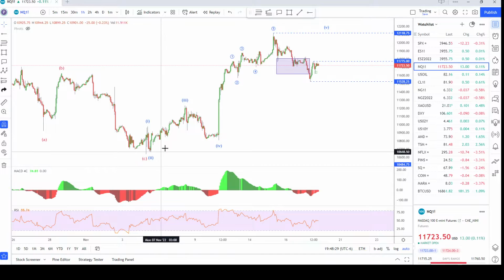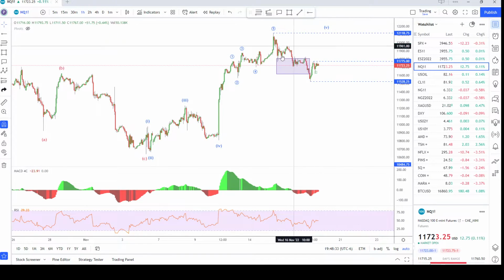And because this is an ending diagonal for the fifth wave, which would be the C, we need 3 waves. So it's 1, this is correction 2, and up for 3. So it's pierced through this zone that I had. Now that zone doesn't have to hold. That's just a typical retracement zone. It did pierce through, and now it's starting to push up.